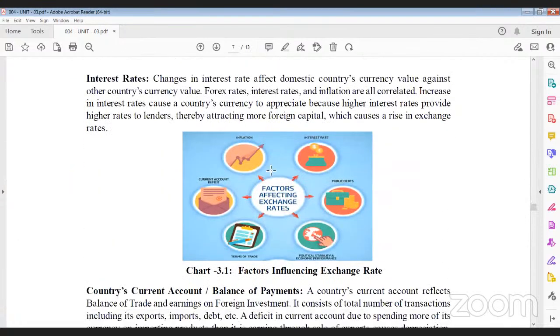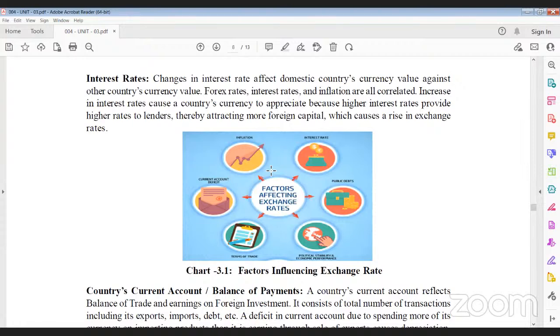And now, what is interest? The interest rate is another reason because of which the rates increase or decrease. The change in interest rates affects the domestic country's currency against the foreign currency.